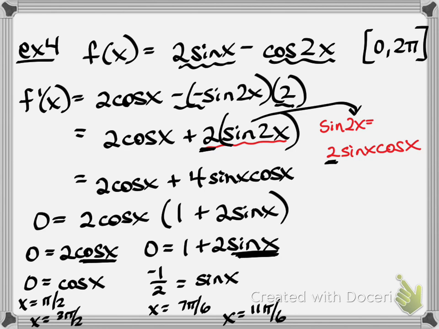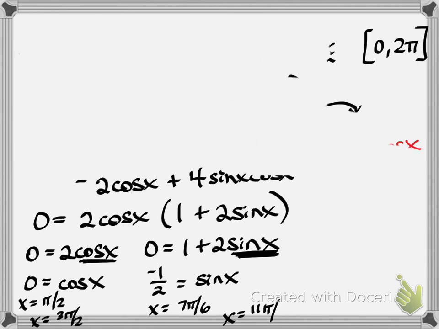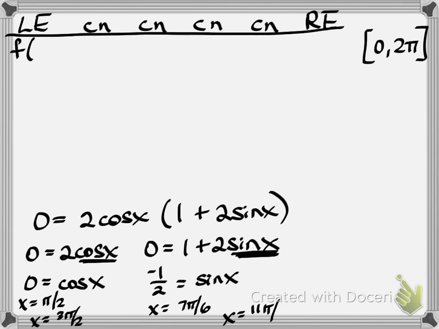Now we have to set up our chart. I'm going to just erase all this top part. We have 4 possible critical numbers and our left and right endpoint. So this is a big one. And I like to put them in order. So left endpoint, 1, 2, 3, 4 critical numbers and a right endpoint. Left endpoint is 0.